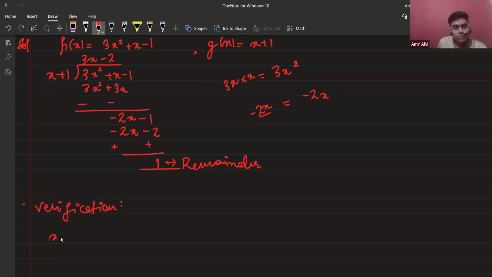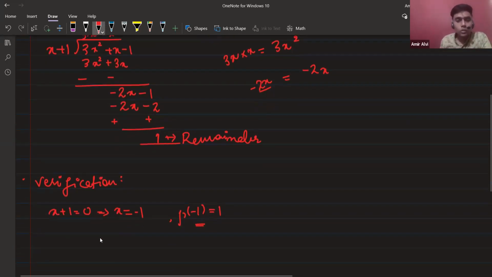Now tell me, x plus 1 equals 0, so x will be minus 1. So p of minus 1 should be equal to 1. If you have done it right, the value of px should be equal to the remainder. Yes or no? Yes.